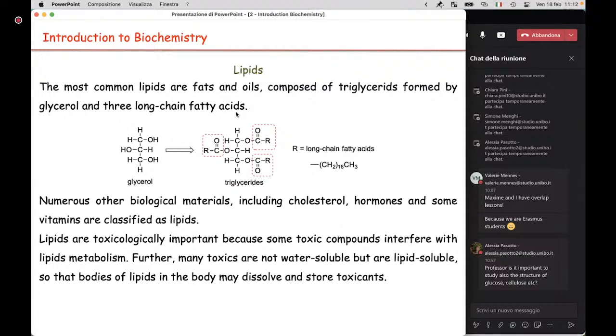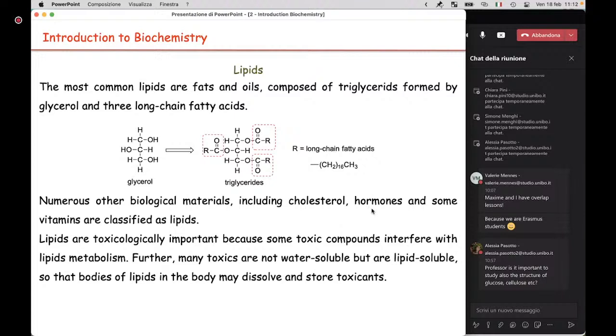This is the most usual structure, but we also have different lipids. For example, cholesterol has a very different molecule, but the main thing is that it is hydrophobic. It is a fatty molecule.